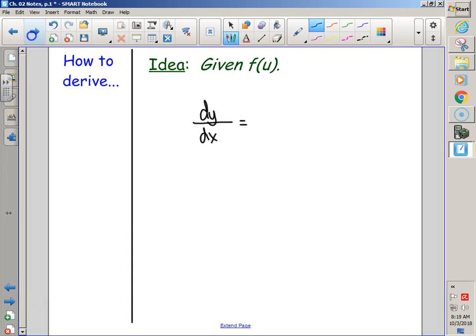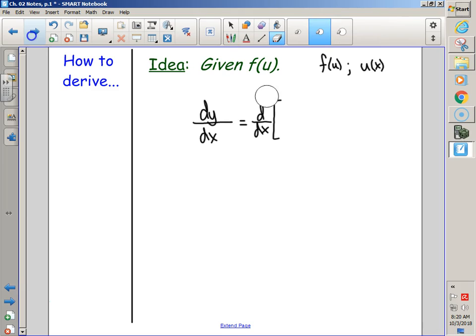And to get to a dy/dx, if we have an f of u, and if we have a u of x, whenever you see a u in calculus, it almost always is denoting the inside of a composition of functions. So you're given basically an f of u, you've broken it down into your pieces like the page before. We could take the derivative in terms of the variable that's inside.